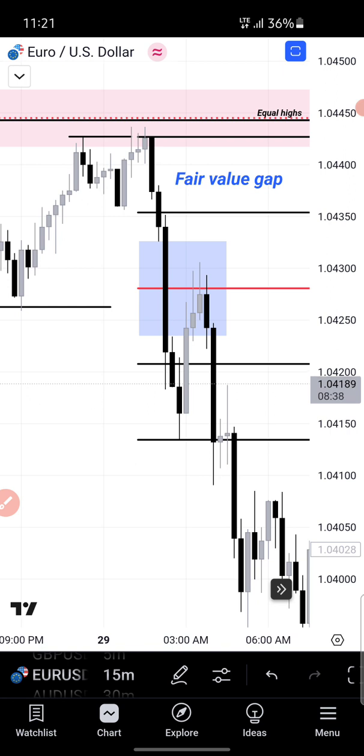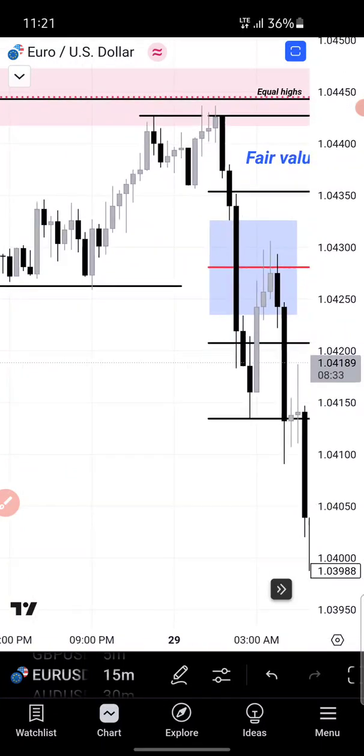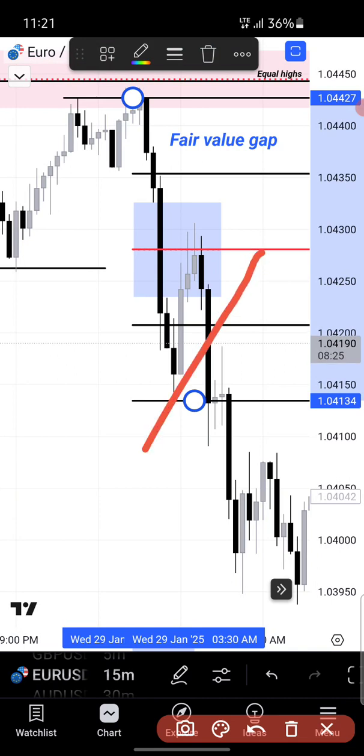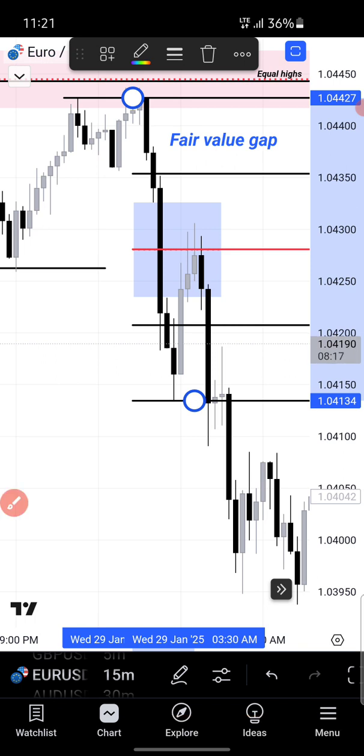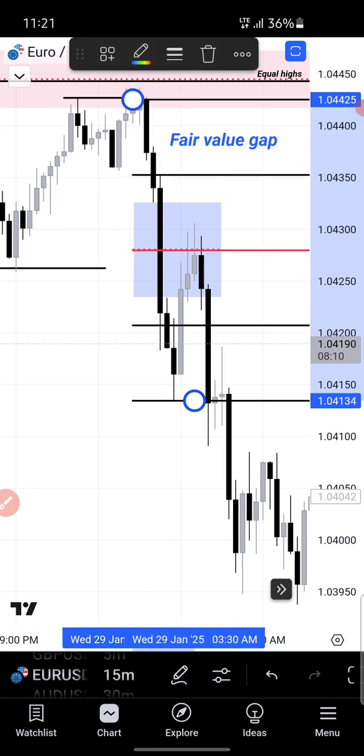So once price shifted to the downside, which means we had a shift in market structure, price went up and retraced back to the midpoint of the Fibonacci, and also the midpoint of the fair value gap. This right here is actually a daily range. The Fibonacci from this highest high to the lowest low is a daily range.